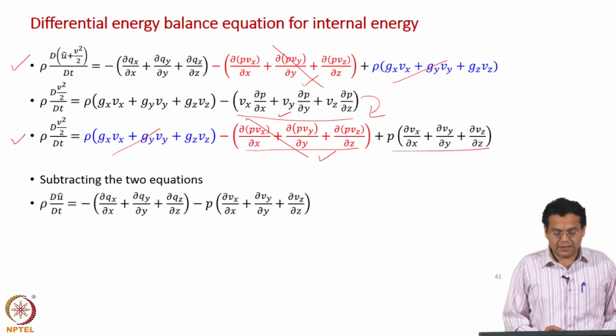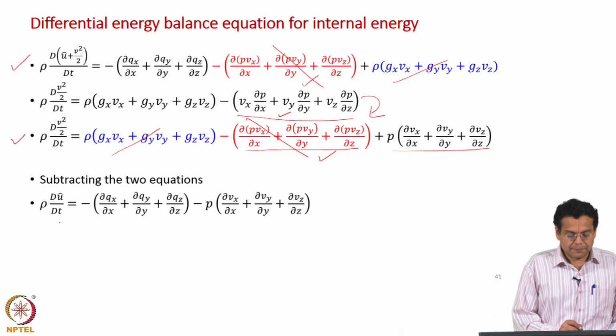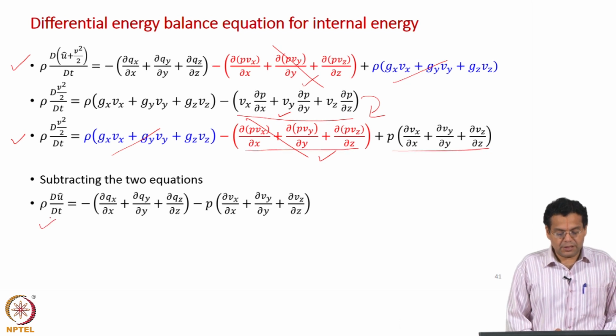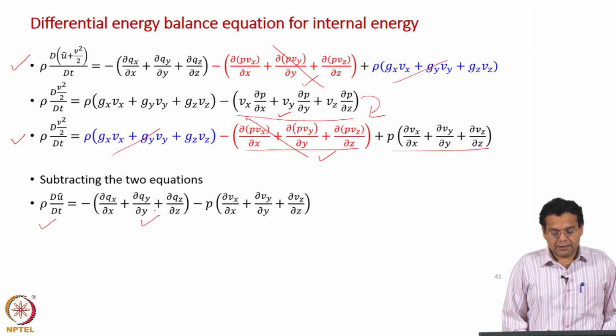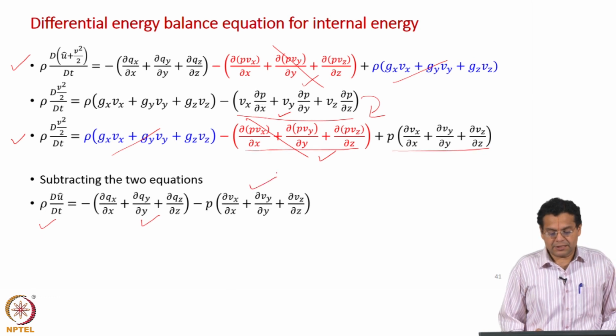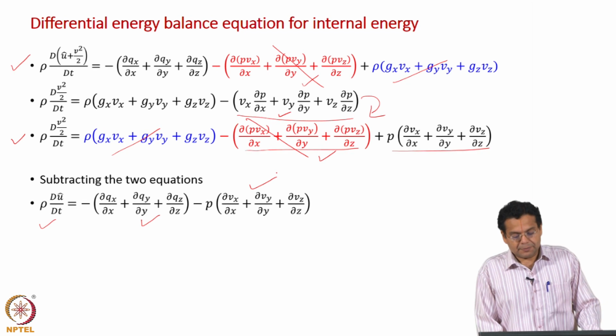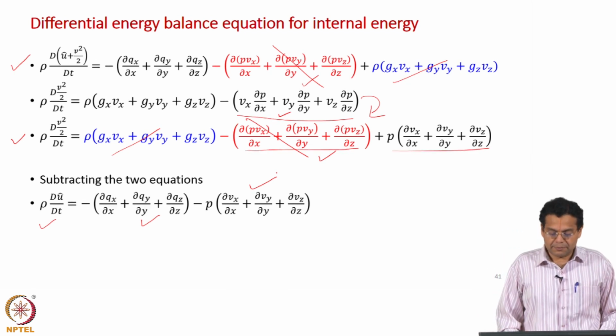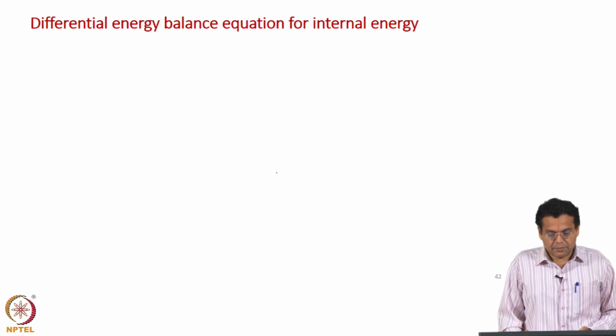So, now we have got a very simple equation: left hand side rho d by dt of internal energy, right hand side we have the heat input term, and then we have this term which is minus p into dou Vx by dou x plus dou Vy by dou y plus dou Vz by dou z. Okay.